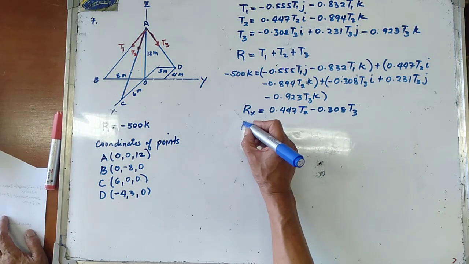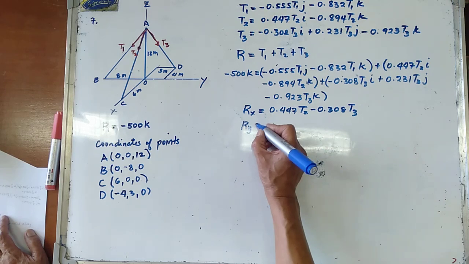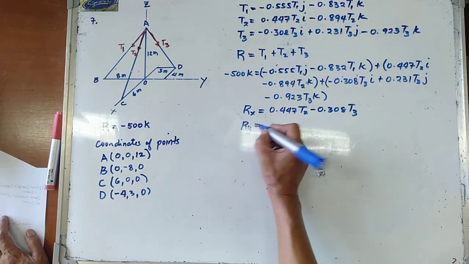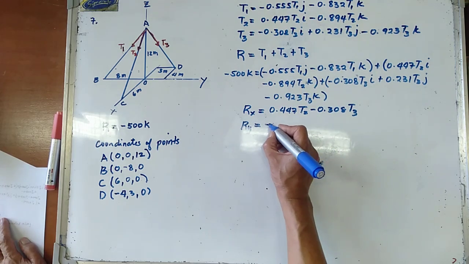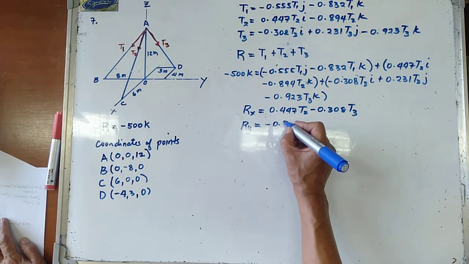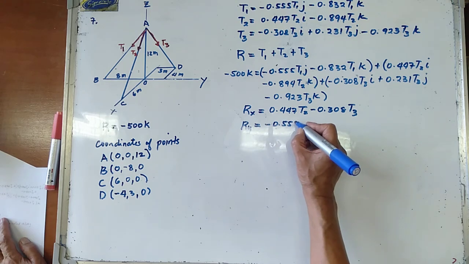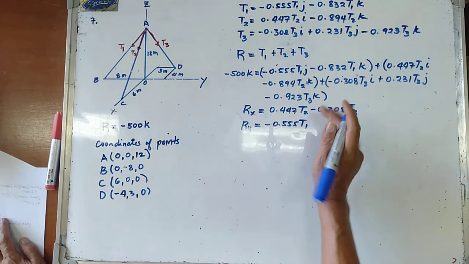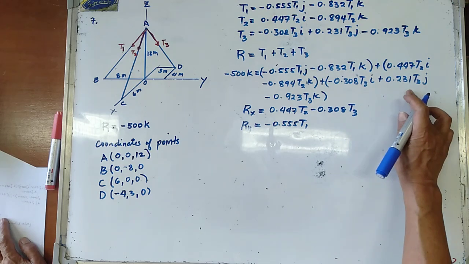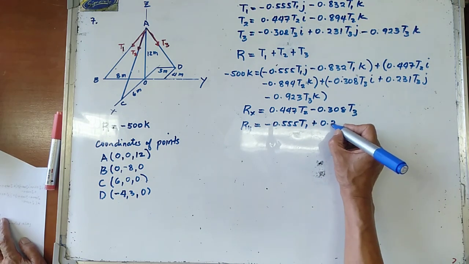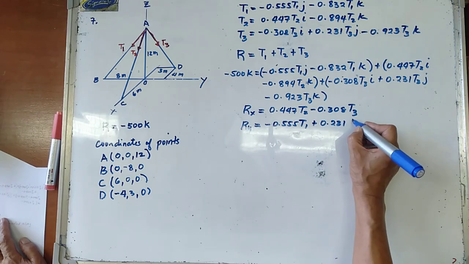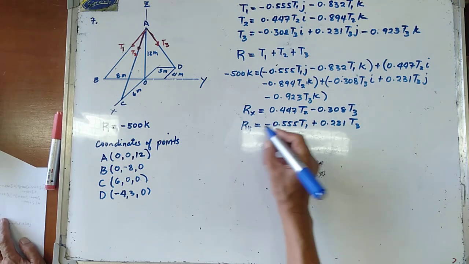Let's proceed now in determining the scalar magnitude of Ry. So that is j minus 0.555 T1. Okay, so I have j plus 0.231 T sub 3.